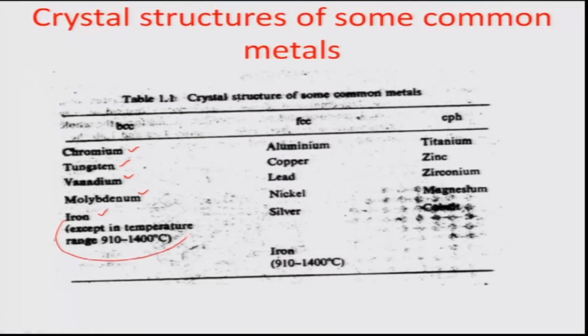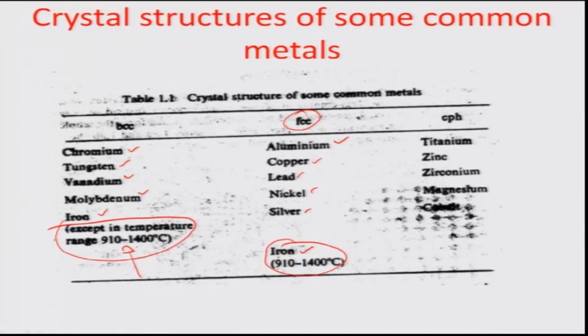There is one temperature range of iron in which it forms the BCC, and in a different temperature range it can form a face centered cubic. Some other materials, aluminum, copper, lead, nickel, silver, have a face centered cubic unit cell. Iron, within the range 910 to 1400 degrees, forms a face centered cubic structure, whereas in any other temperature range it is a BCC or body centered cubic.